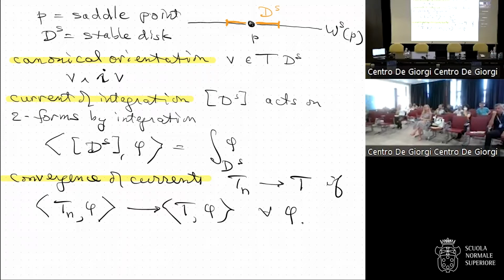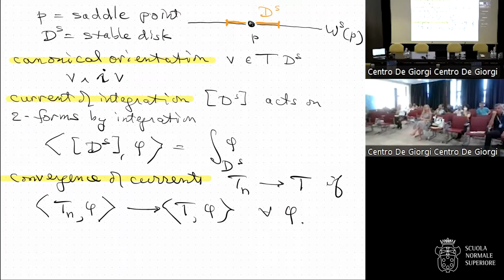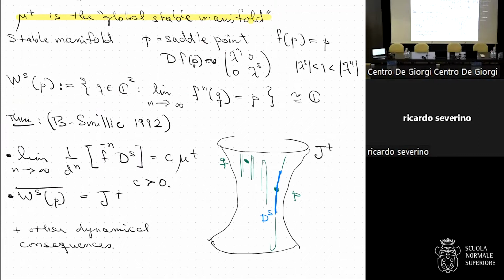But if the spike has very tiny area, that thing converges to the disk in the sense of convergence of currents. So that's something we make a lot of use of. And I should say that I didn't say it here, but this is a canonical orientation, and with this orientation, we get a positive current. So it's very, very convenient.